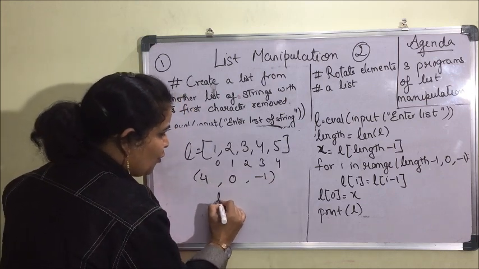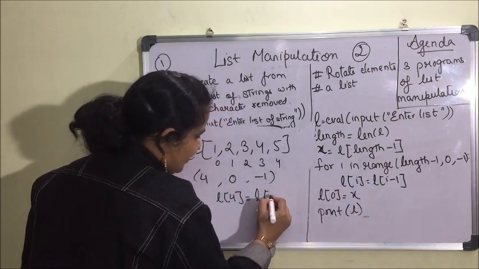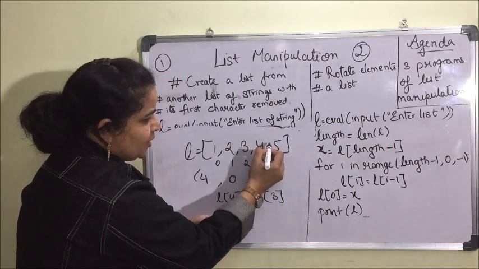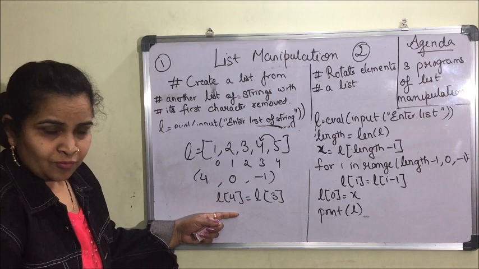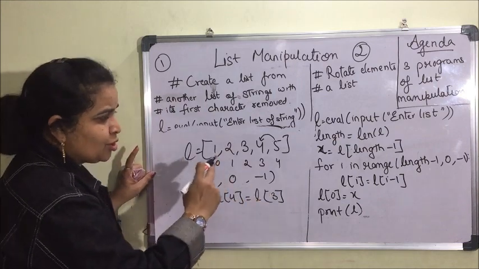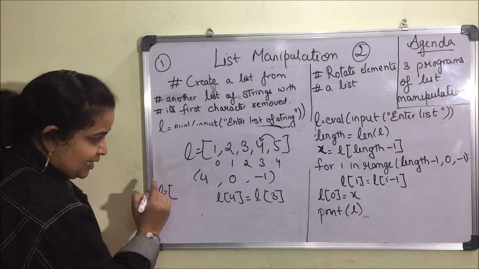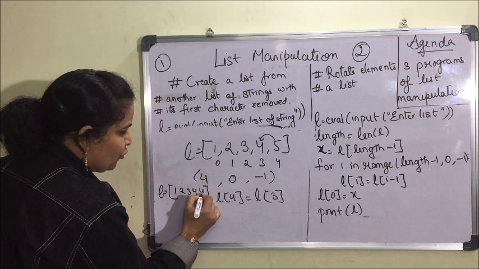So L of 4 is equal to L of I minus 1, that is 3. So L of 4 is equal to 4. So after execution of first iteration, the list will be 1, 2, 3, 4, 4.